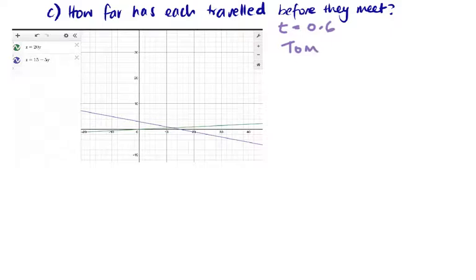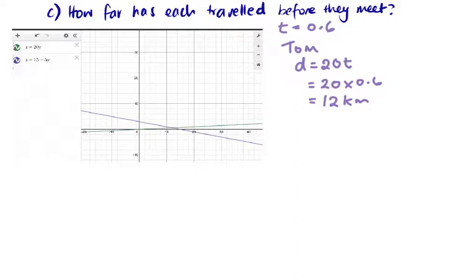So Tom's formula, if you remember, is D equals 20t. So I'm going to substitute t equals 0.6 into this formula. So 20 times 0.6, and that will get me 12 kilometres. So he has travelled 12 kilometres along before they meet, so that before that point of intersection.